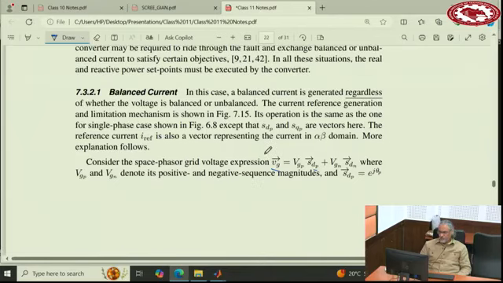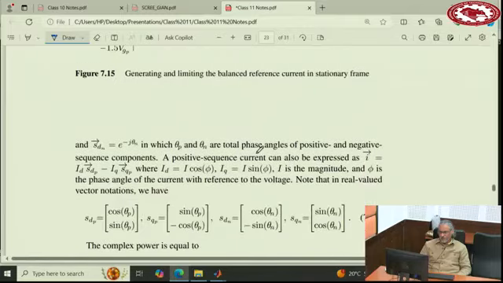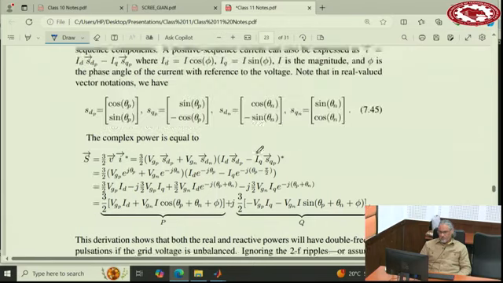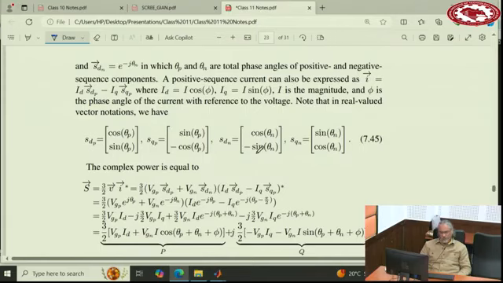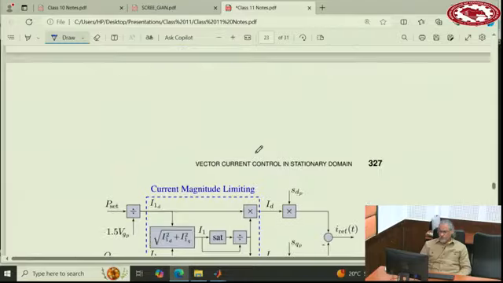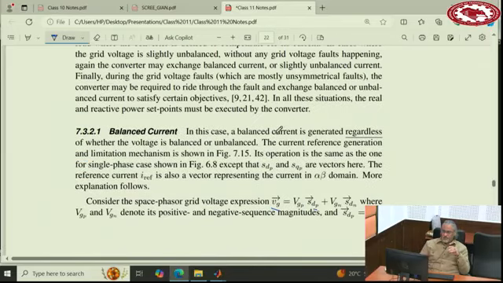I think it has both of them here for some reason. It starts with the general expression, so I derived the expressions again one more time. It's not necessary. Oh, the voltage, okay. The voltage I consider is the grid voltage. When I say balanced here, I mean balanced current, to be specific.